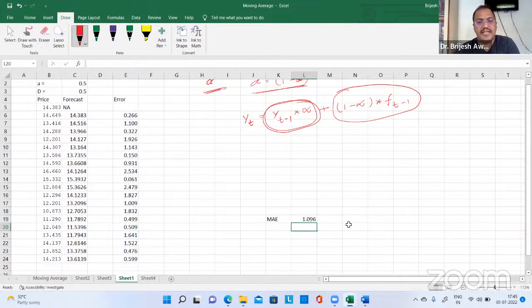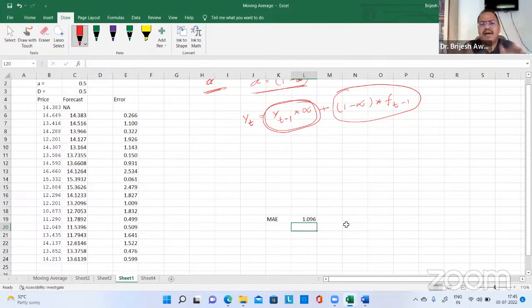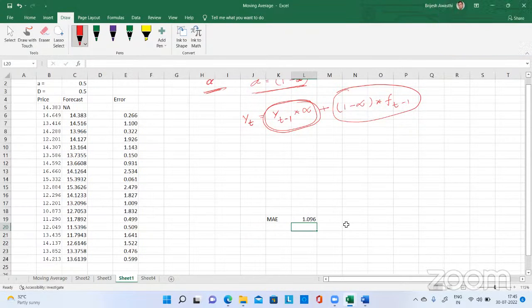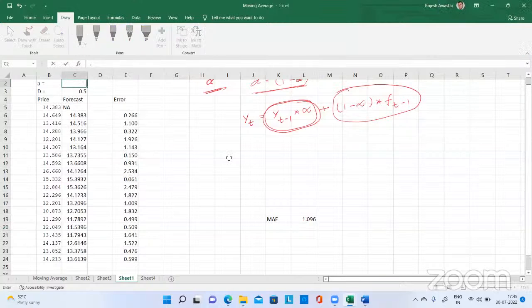What is the average error? 1.096. And what exactly do we want? Our error must be minimum. When our error is minimum, that means our forecasting is very accurate to the reality. Yes or no? Yes, sir. So I want to minimize this error. How will I minimize? We have to change the alpha.